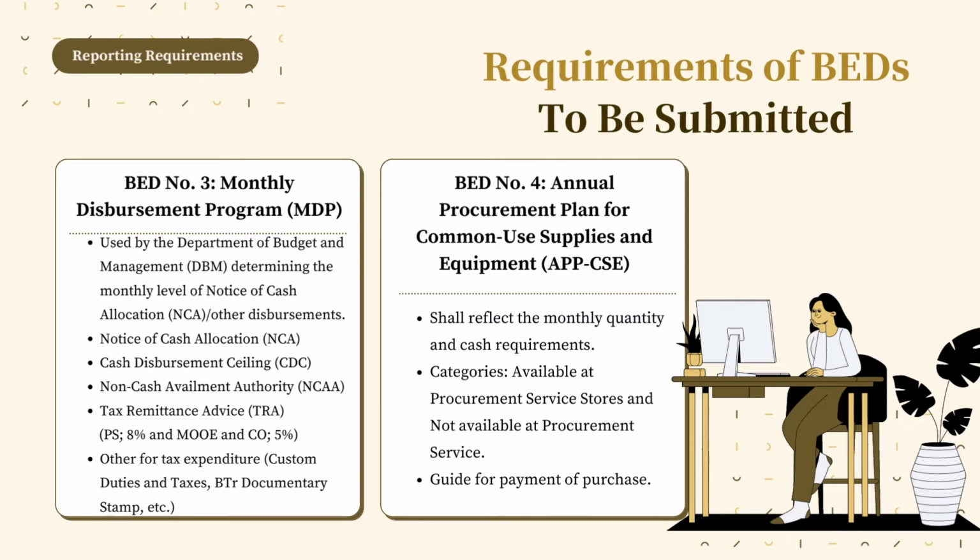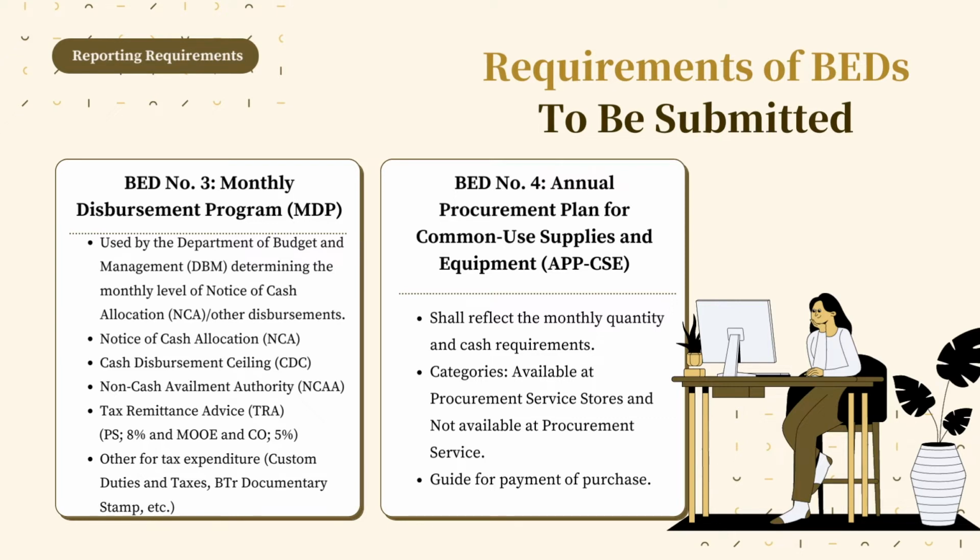So the APP-CSE shall also reflect the monthly quantity and cash requirements by items categorized into available at procurement service stores and other items not available at procurement service but regularly purchased from other sources.